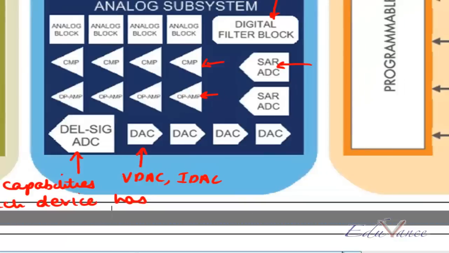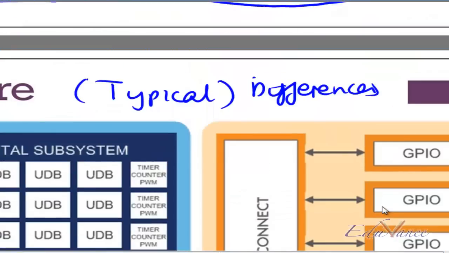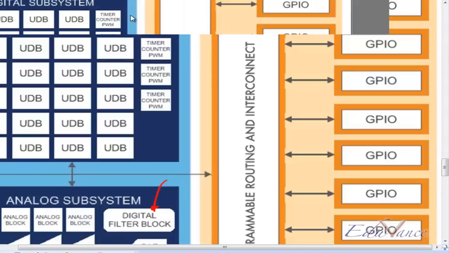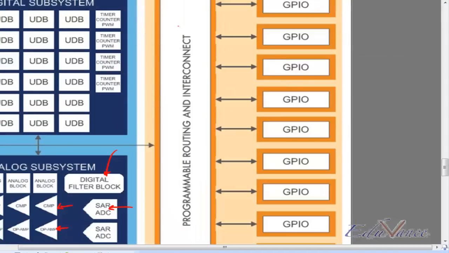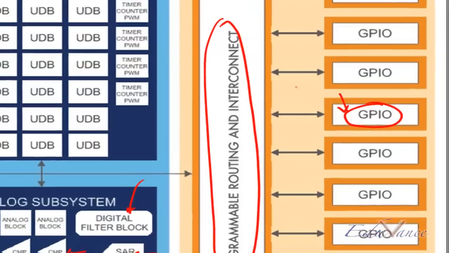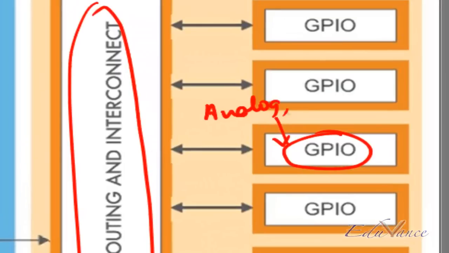And then in your PSoC device, you have the programmable routing, and then you have the general purpose I/O. Now these I/Os can be programmed as analog, digital. In digital also you have input, output, and bidirectional.